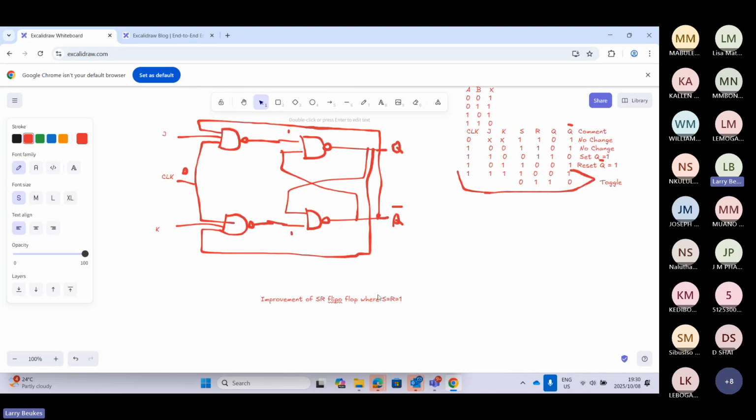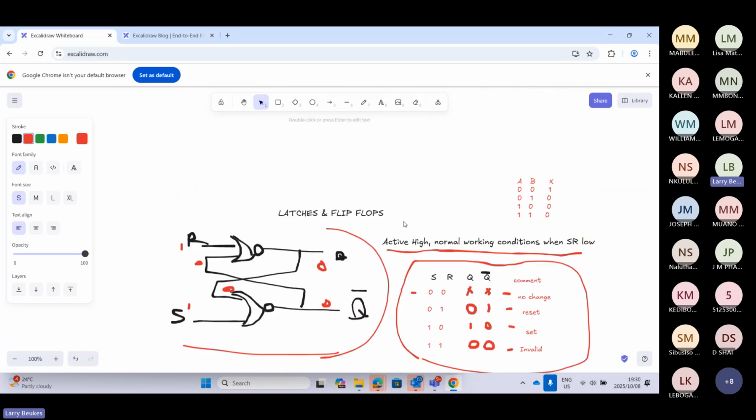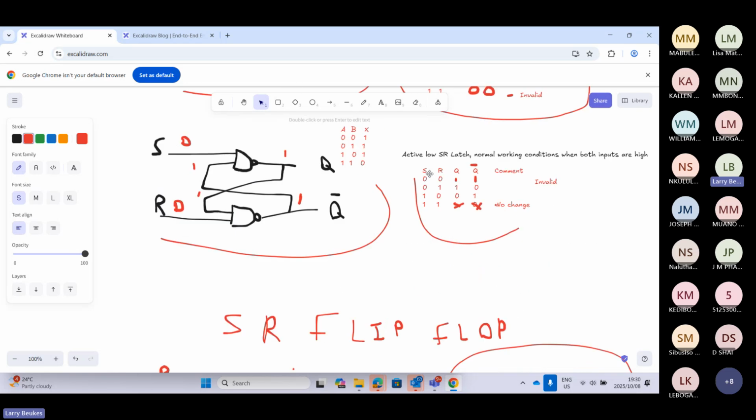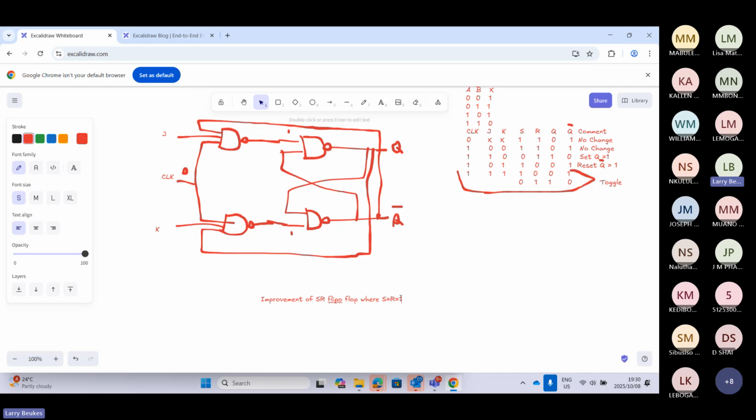But you must check this explanation. It's actually for the active high one. With the active low one, the problem is when they are both low, when S and R equal 0. So for the sake of this, let's say S and R, for example, equal 0 here.